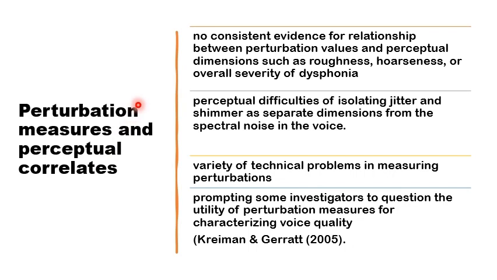Listeners could tell that there is a certain degree of noise or irregularity in a voice signal, but they find difficulty in isolating jitter and shimmer as separate dimensions from the spectral noise in the voice, at least with the current ways of quantifying jitter or shimmer.